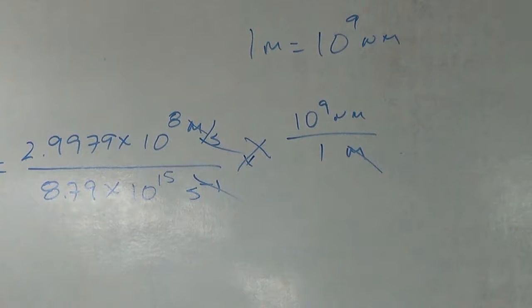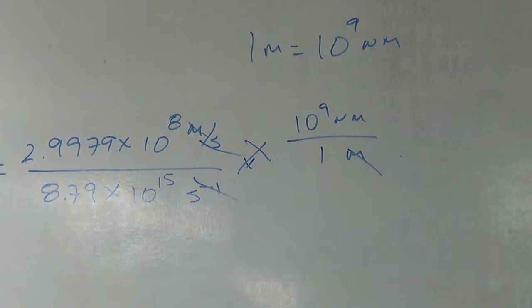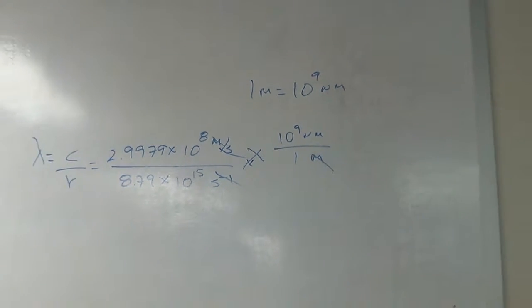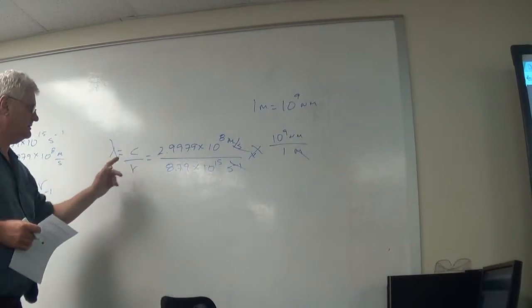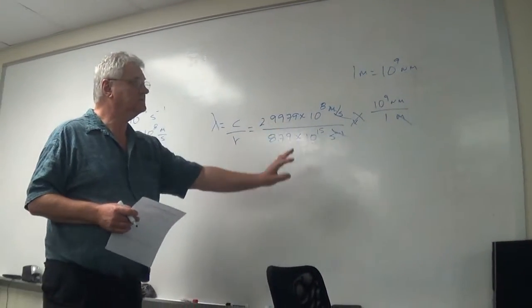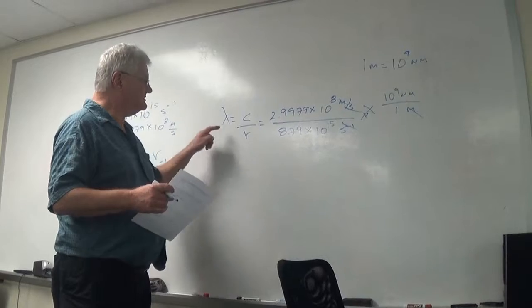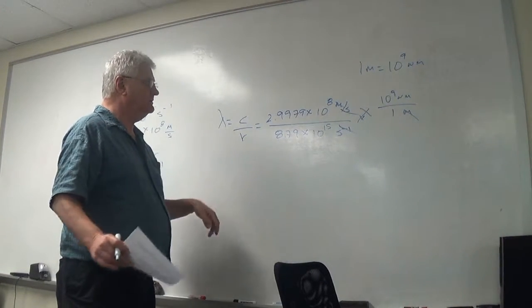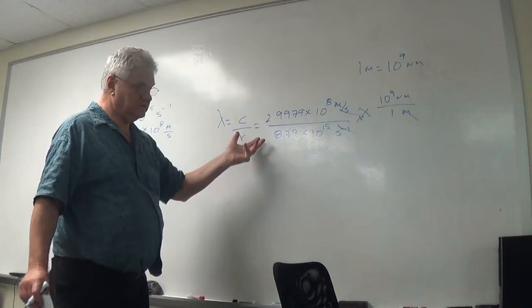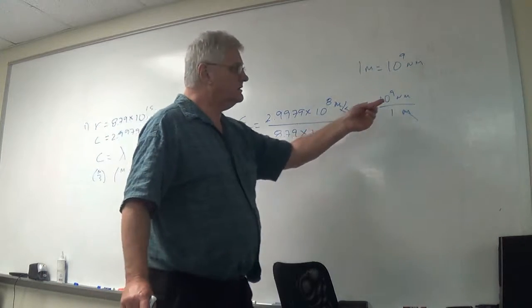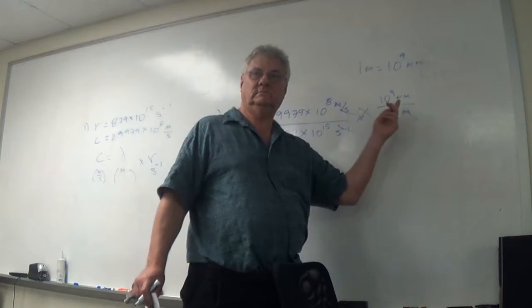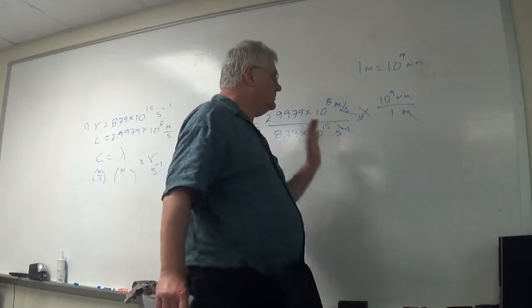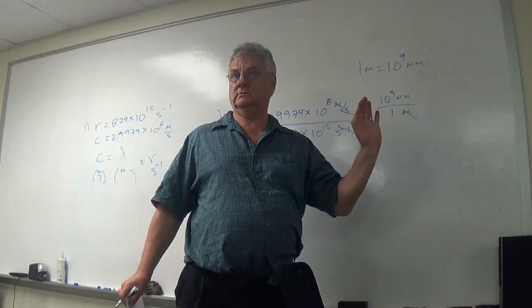Everybody see how to set that one up? When the speed of light was in meters per second, the frequency was in reciprocal seconds, but the problem wants the wavelength in nanometers. So you can do this, your answer will be in meters, and then you need to convert it to nanometers. Or you can do it in one calculation.